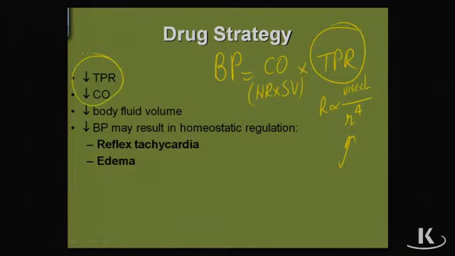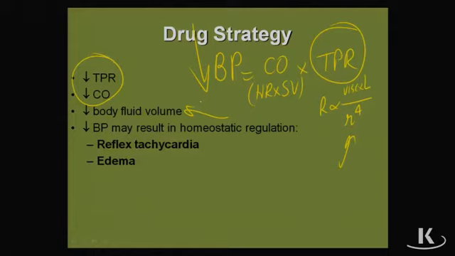So overall, two big strategies for my drug when it comes to hemodynamics. Having a drug that either decreases the total peripheral resistance, or decreases the cardiac output, that is the heart rate or the stroke volume, in order to lower the patient's blood pressure. The other approach, a little bit more drastic and using the renin-angiotensin-aldosterone system, would be to literally dehydrate the patient, decrease the body fluid volume.